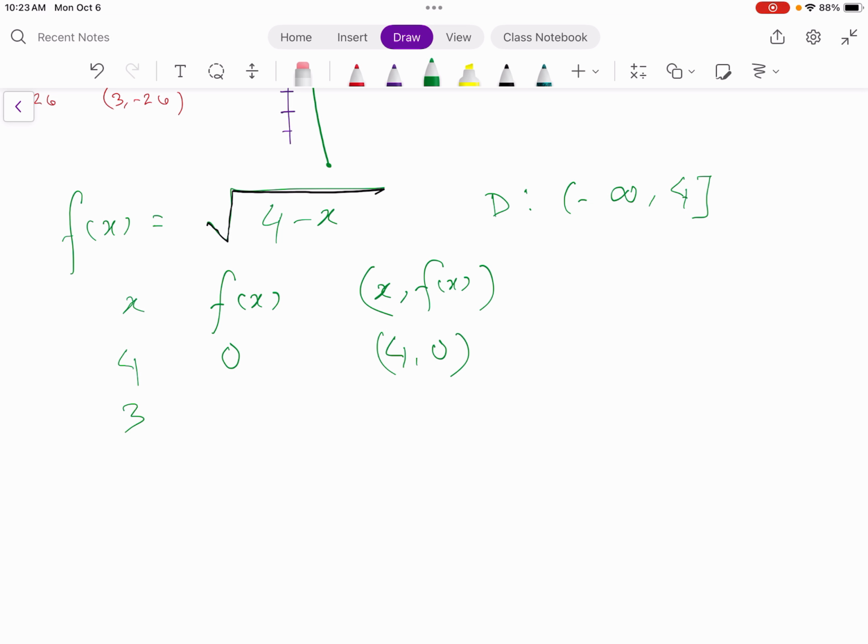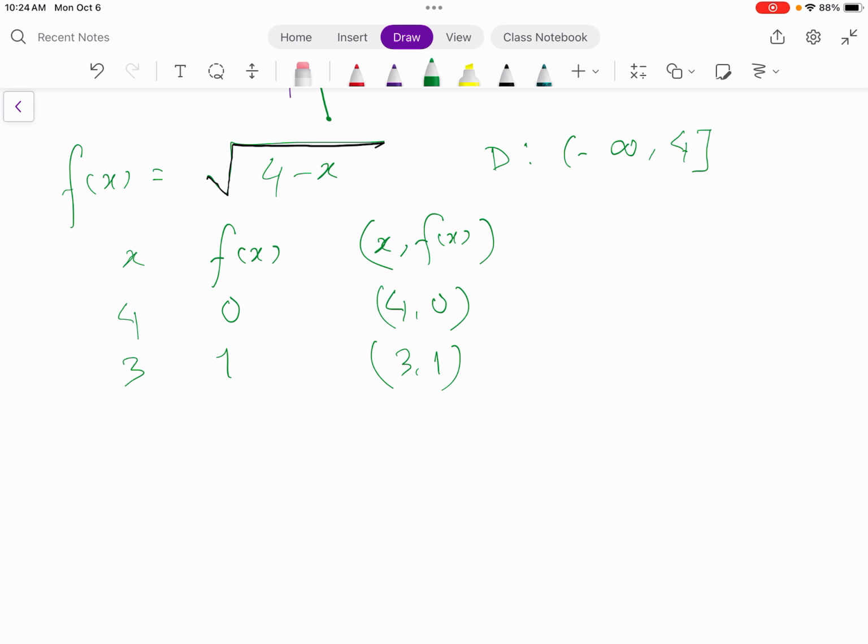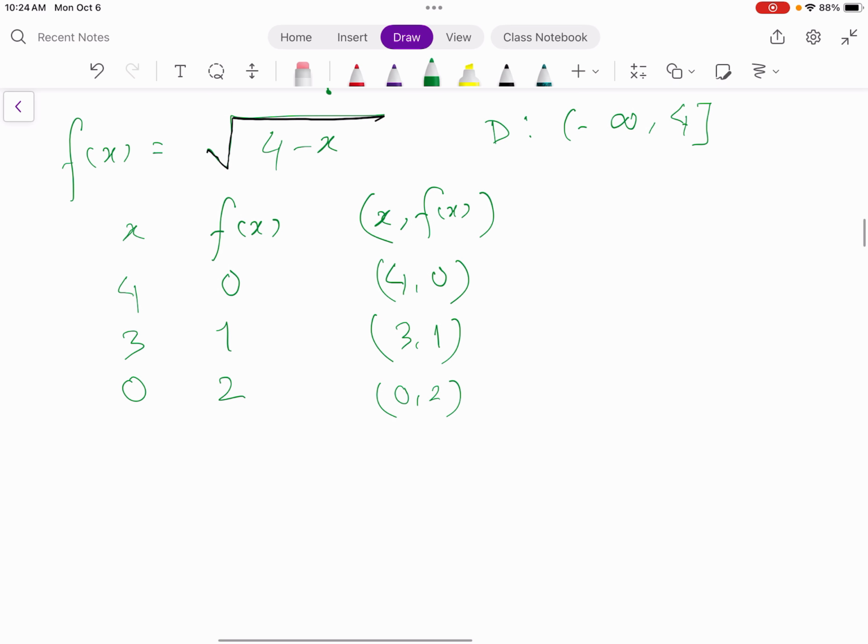We get square root of 4 minus 3, square root of 1, and square root of 1 is 1. So 3, 1. Now what number do you want to pick next? 0. So if our x is 0, we get square root of 4 minus 0. That is square root of 4 and that is 2. So 0, 2.